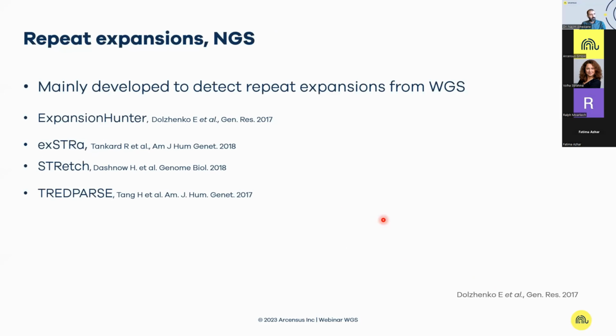And keep in mind that the majority of NGS or next generation sequencing data that is currently produced and used in clinical diagnostics are short fragments, meaning that these fragments are usually smaller than the expected segment that is repeated, which I will show some examples of later. And there are different tools which I have mentioned here, such as Expansion Hunter, Extra, Stretch, and Thread Parse. These are all different tools that were more or less developed in 2017 and 2018.